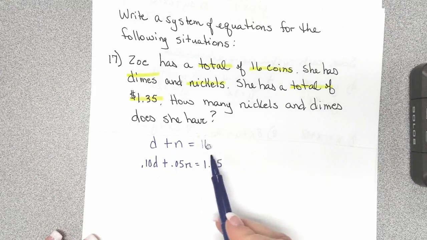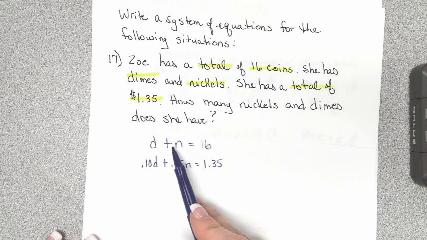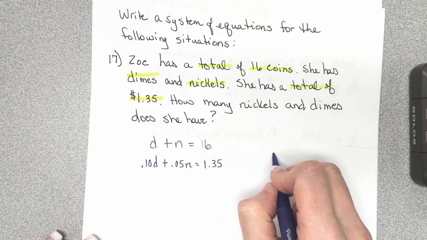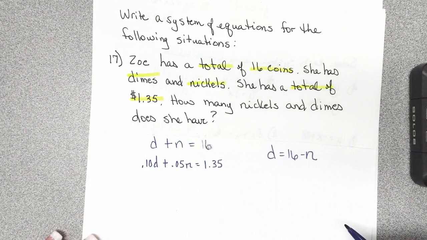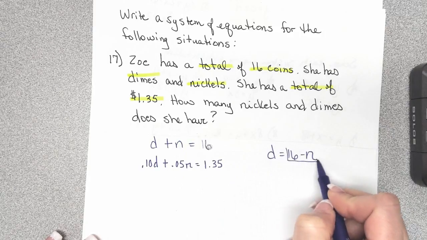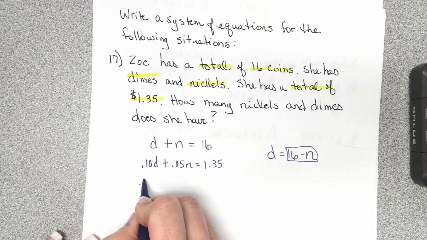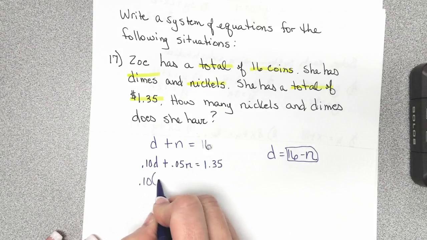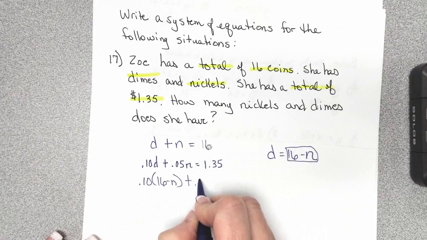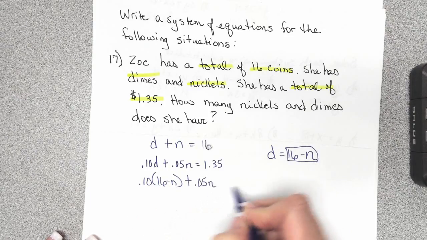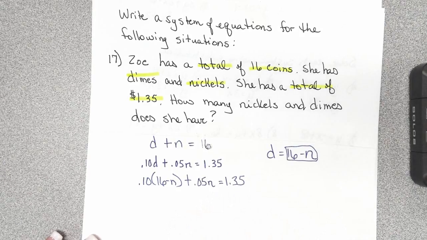Let's solve the first equation for dimes. So if D plus N equals 16, that means I can subtract the N. So D equals 16 minus N. So this is what I'm going to plug in for D. So I'm going to have 0.10 times 16 minus N plus that nickel information equals the 1.35. Okay.